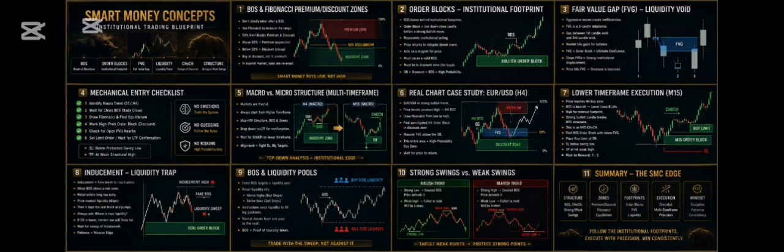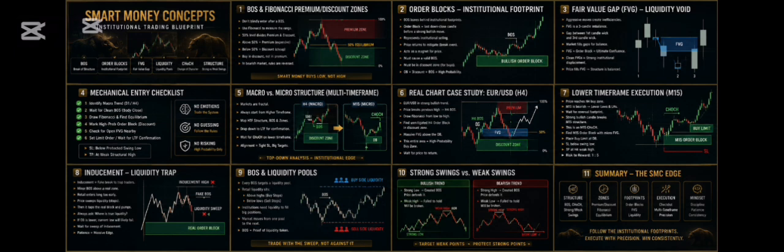Let us transition into a real chart example to visualize the full bullish execution. Let us analyze a real world case today on the EUR/USD currency pair on the 4-hour chart.